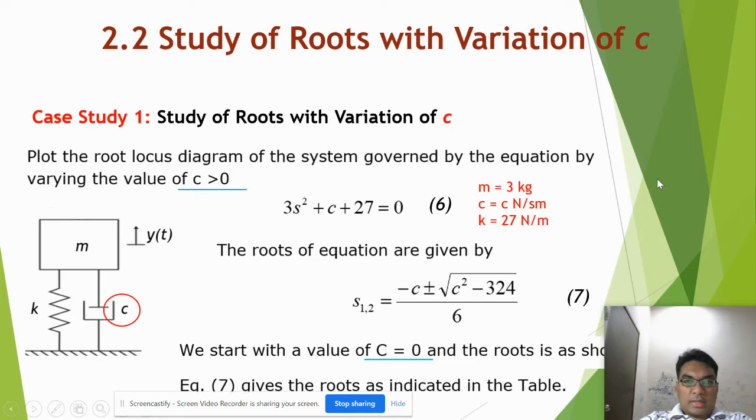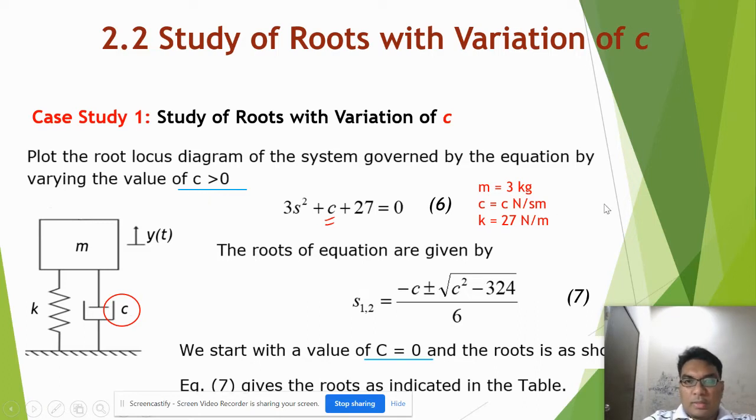Okay, let's see the first example here, case study number 1. This is the study of the root locus with variation of damping, the c value here. The question asks you to plot the root locus diagram of the system governed by the equation by varying the value of c bigger than 0.